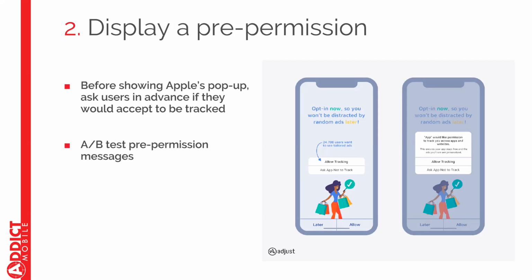So A/B test the pre-permission message to optimize this opt-in rate. And if the users obviously accept your pre-permission message, then display Apple's pop-up, the one that will really trigger the IDFA.